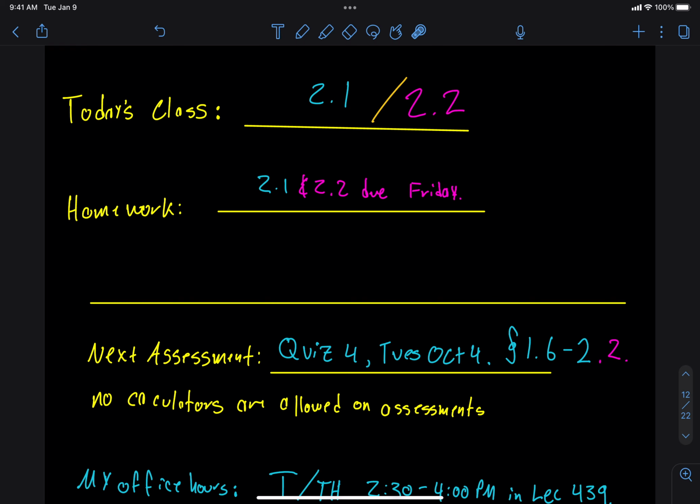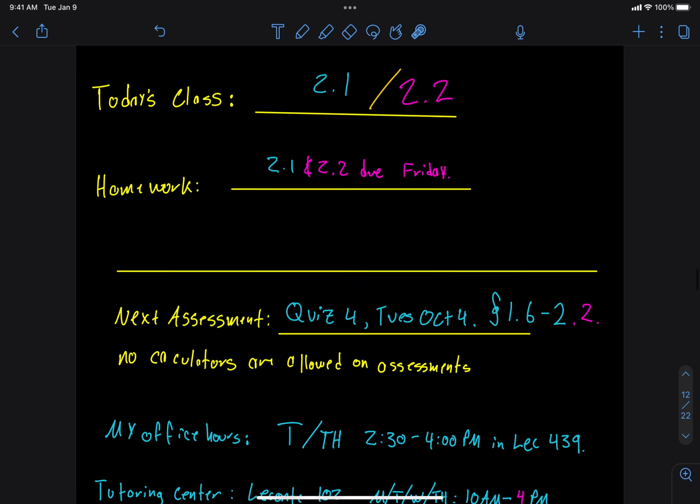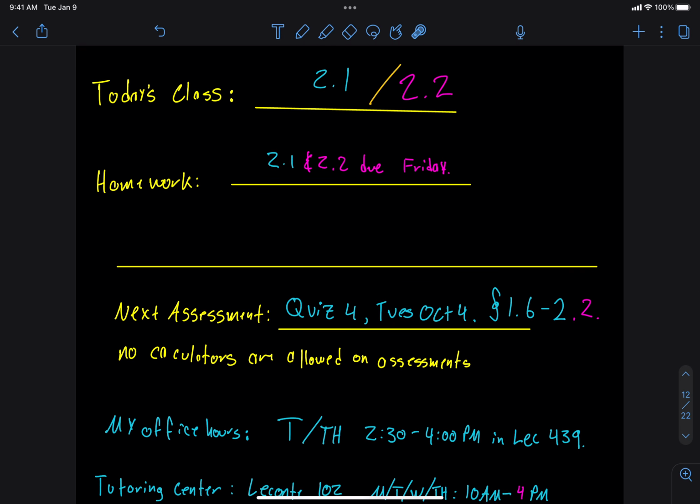So if you want to come to the office hours review for this quiz, that is going to take place in office hours tomorrow. Okay, since that Tuesday quiz will come before Tuesday office hours, the last office hours opportunity before this quiz will be tomorrow.